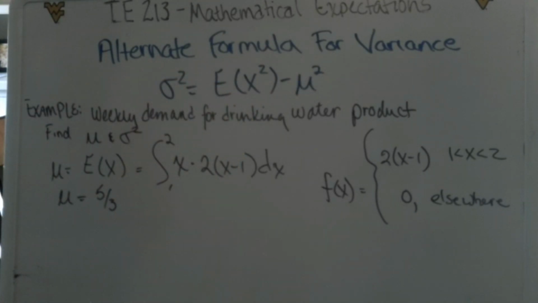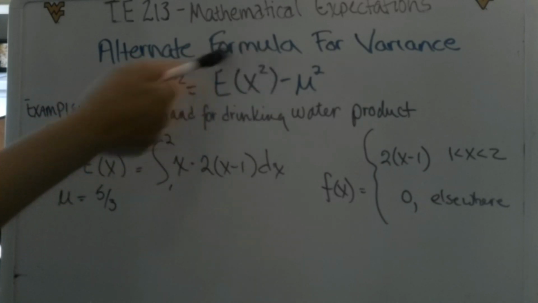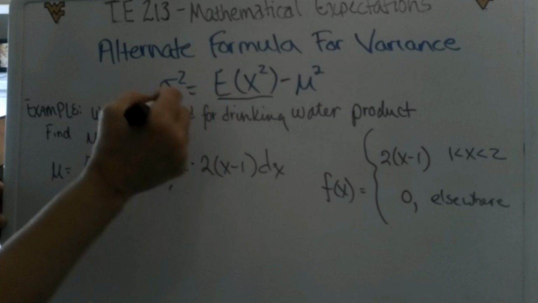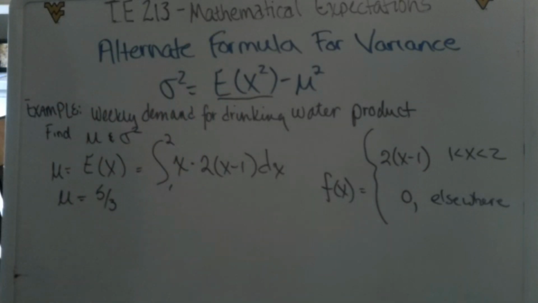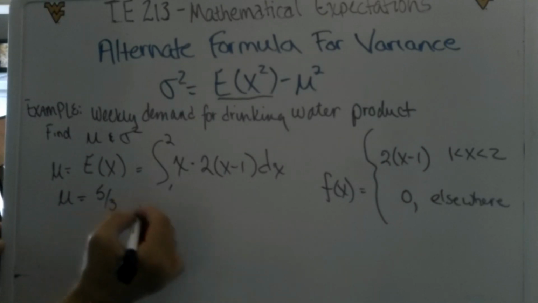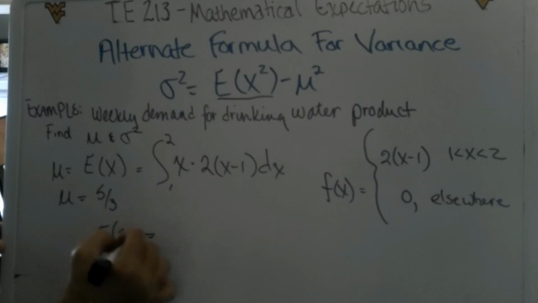So now we need to compute our formula for sigma squared, our expected value of x squared. So the next thing we're going to do is the expected value of x squared. We will do the same integration, but this time instead of x times f of x, it will be x squared times f of x.